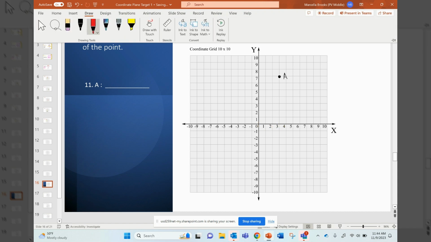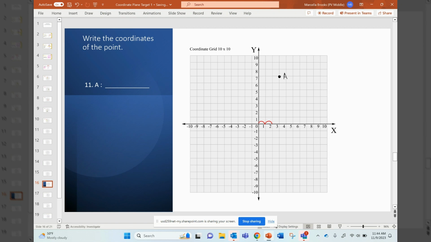So it looks like we're going right 1, 2, 3, and up 1, 2, 3, 4, 5, 6, 7. So right 3 means +3, and up 7 means +7. So the coordinates of the point are 3, 7.